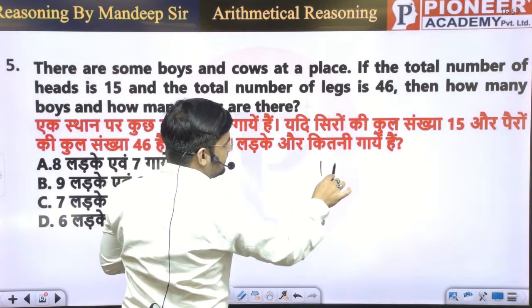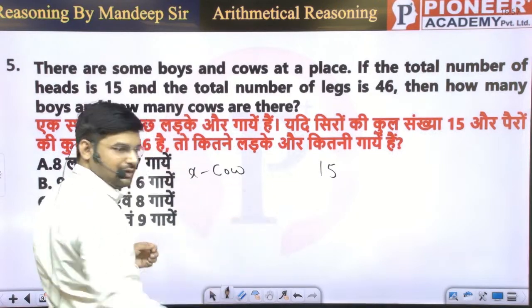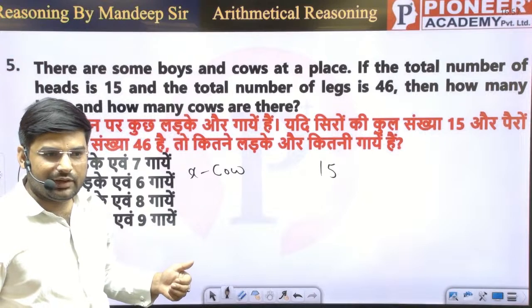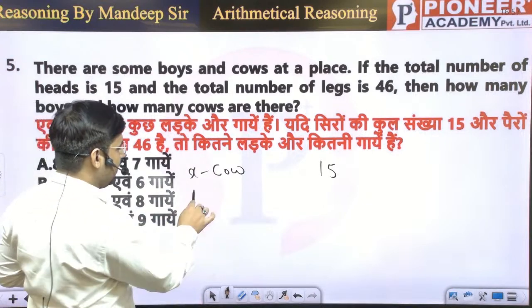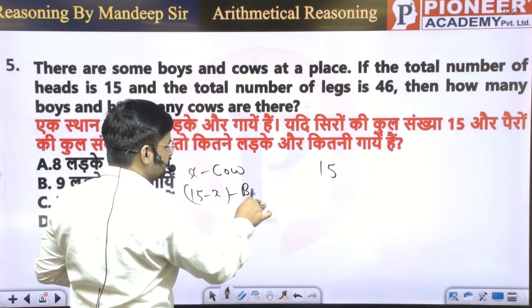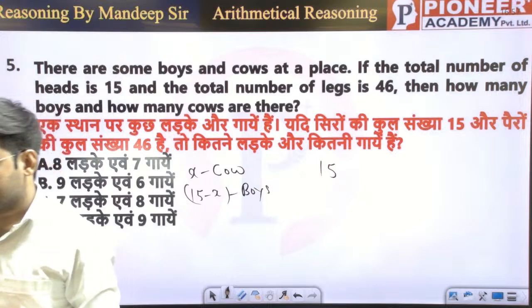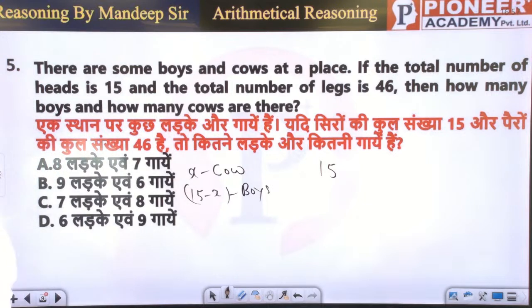Let's assume there are x cows. If we assume x cows, then how many boys? 15 minus x. Clear?